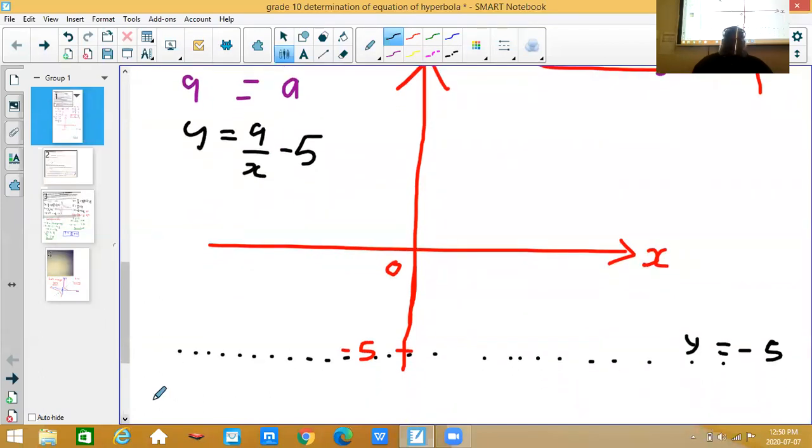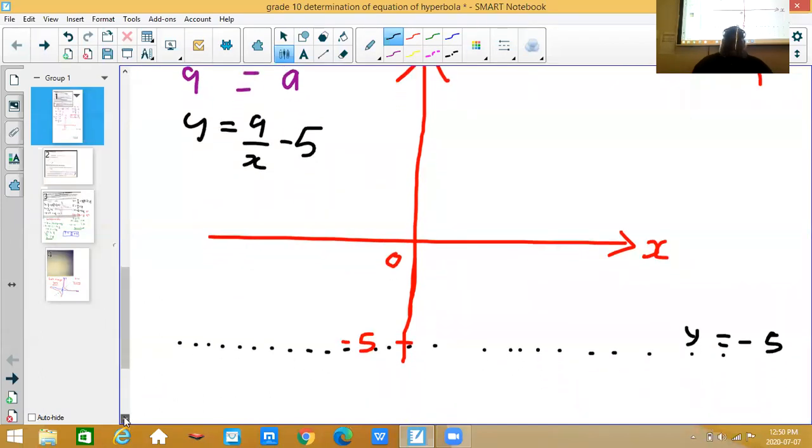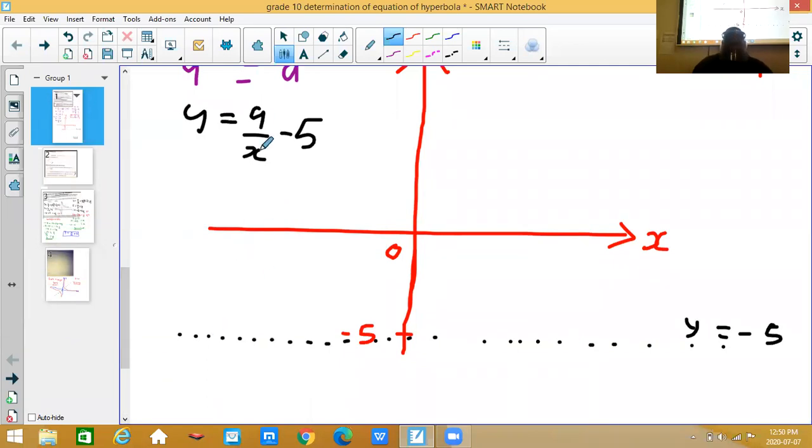Now, from the look of things, you remember yesterday we said, since our a, what is the value of a that we got here? 9. Is 9 positive or negative? Positive. If a is positive, where is this hyperbola located? In the first and third.